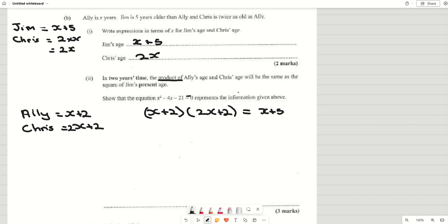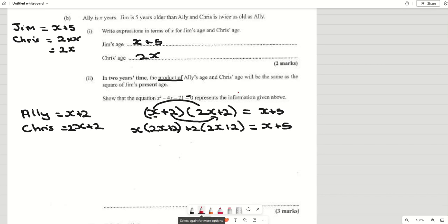So when you are opening your bracket, you're going to take the first term in our first bracket and multiply by everything here. So it's going to be x, open bracket, 2x plus 2, close bracket. And then you're going to take this plus 2 and multiply by everything here. So it's plus 2, open bracket, 2x plus 2, close bracket, is equal to x plus 5.